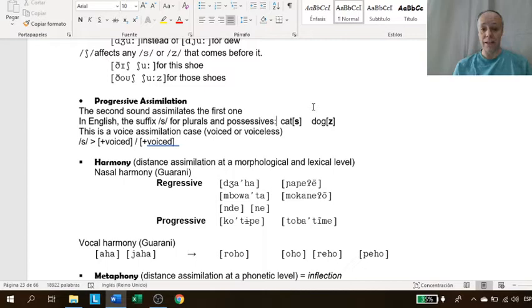The T is a voiceless sound, so the plural is voiceless too. The G is a voiced sound, so the plural is also voiced. The assimilation goes that way, that's why we call it progressive assimilation. If you have questions or doubts, please read one more time, look for videos, or write to me.